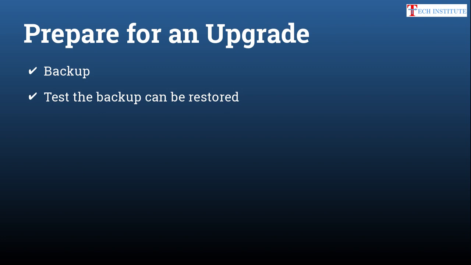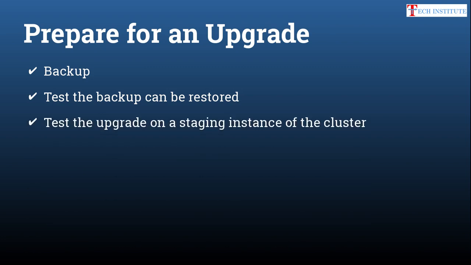The next thing you should always do is test your upgrade on a staging instance of the cluster. Don't directly apply the patches on production, because you never know whether that will break your system or your application will misbehave because of the patching. So always have a staging instance, a pre-prod section, where you first test these patches thoroughly, all the functionalities and everything.